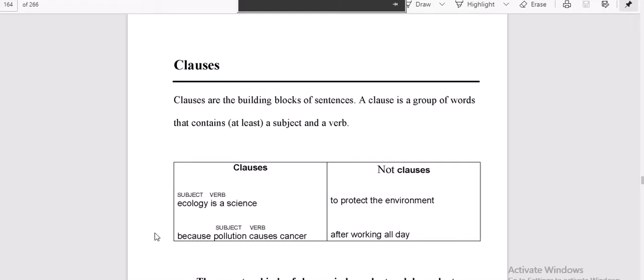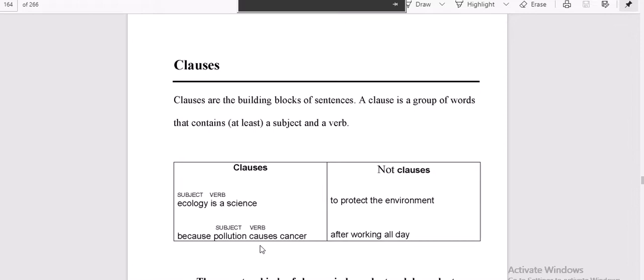And the other type is called a dependent clause, because in this type there is a subordinator, which is followed by a subject, which is followed by a verb.